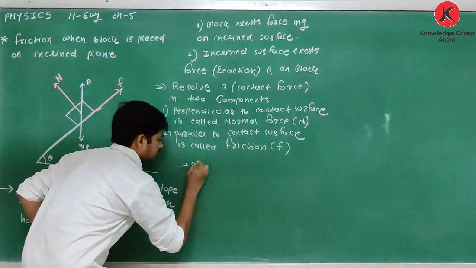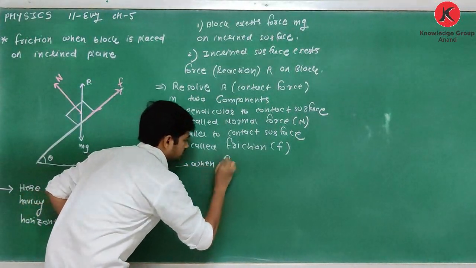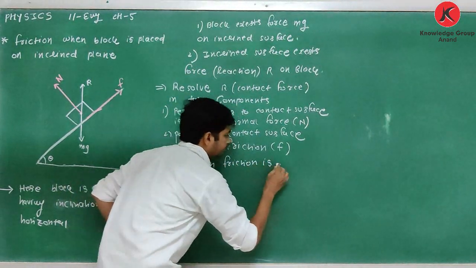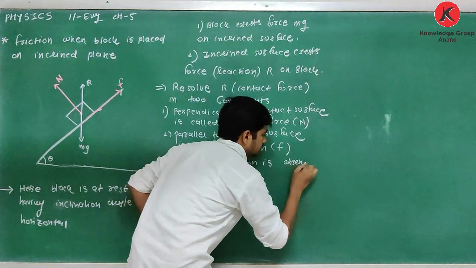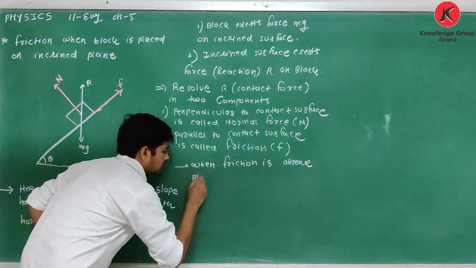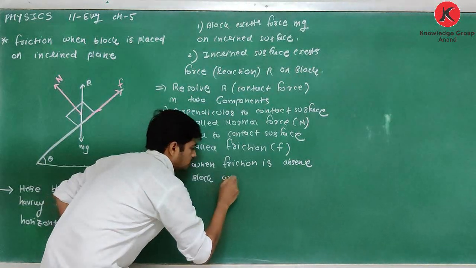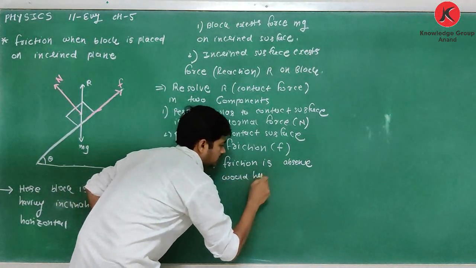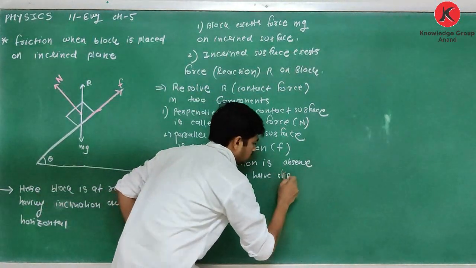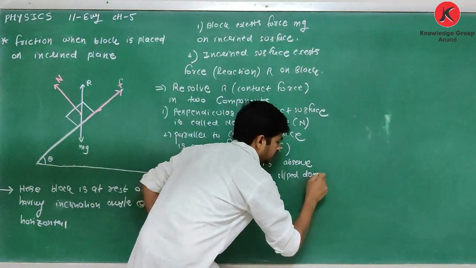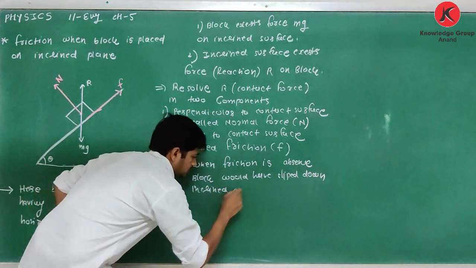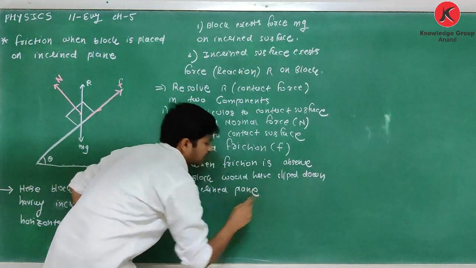So see, when friction is absent, in absence of friction, the block would have slipped down the incline plane.